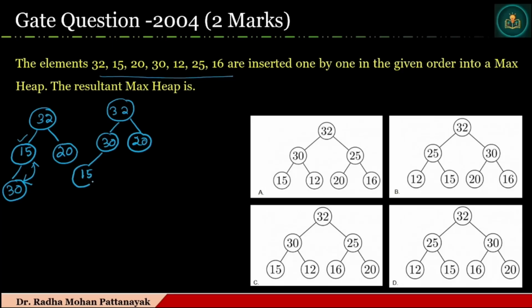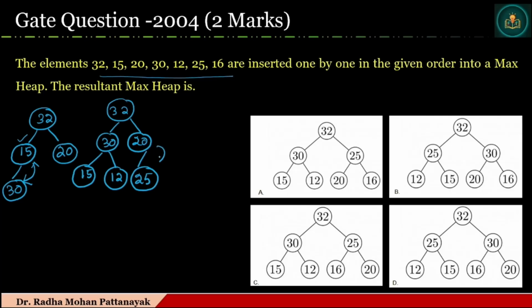I hope you understood. Next we will insert 12. If you insert 12, it will be inserted here. Then check whether 12 is less than the parent or not. Yes, 12 is less than the parent, so no problem. Then we will insert 25. When we insert 25, it should come in the left part of 20, right? But if you see here, 25 is greater than the parent node 20. So as per the Max-Heap tree, the parent node should have the higher value.